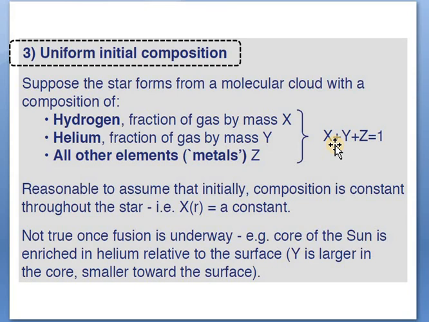As soon as convection starts, there is mixing between the different layers of the star, and this also changes X, Y and Z as a function of distance from the center.